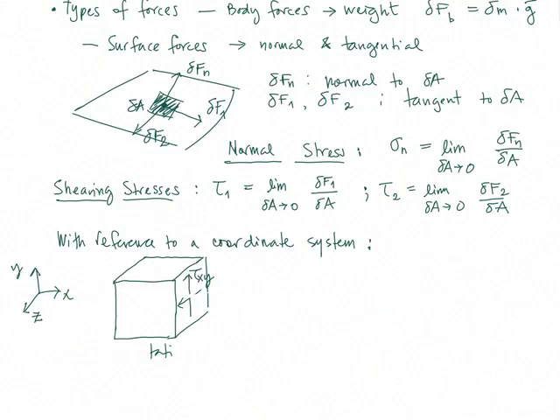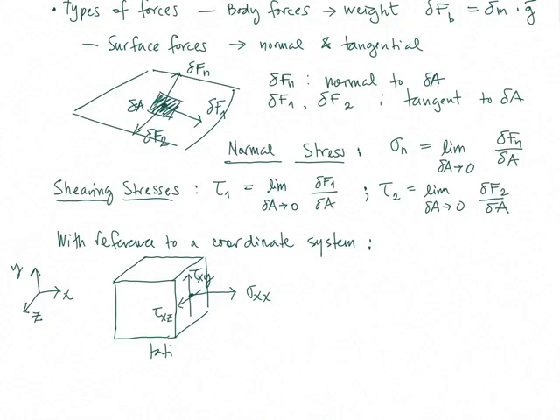And let's consider the plane parallel to the yz plane. So on this face, here we're going to draw an outward normal representing our normal stress, and we call this sigma xx. We have one tangential stress here vertically upwards, and we're going to call this tau xy, and we're going to have another tangential stress here in this direction, which we call tau xz.